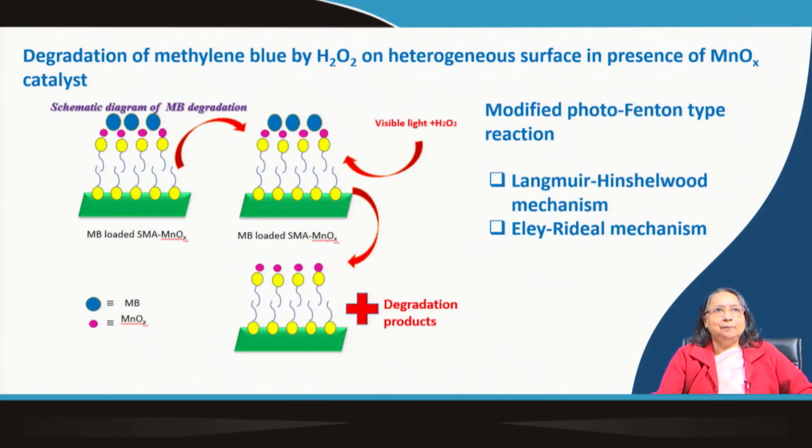Now, you see up to this you know already that you got some SMA MnOx, this is the catalyst, and this is the dye, that is methylene blue, it is adsorbed there. So, both are together. The catalyst and the substrate are together. Okay. It is adsorbed here on the same surface.